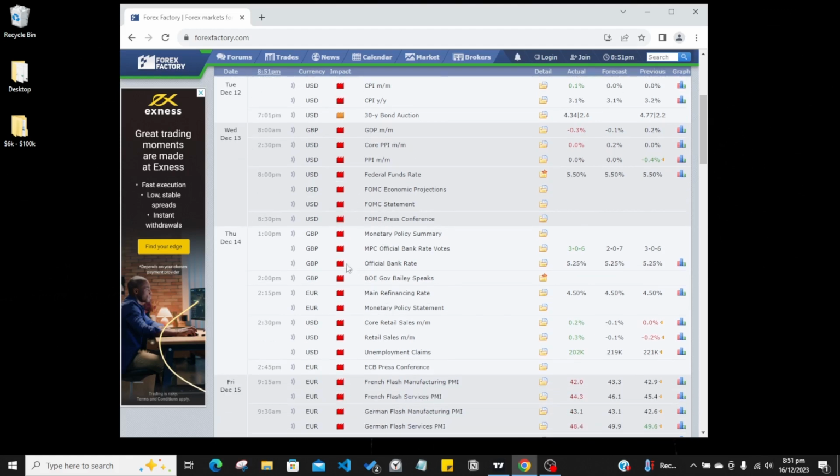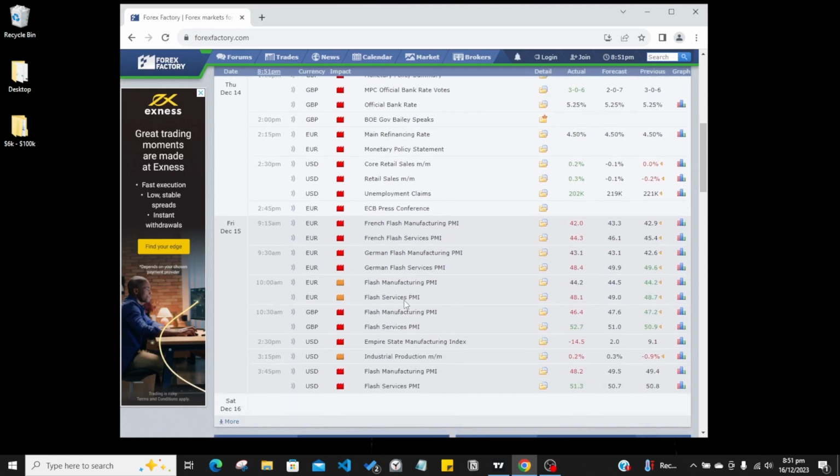And on Thursday we had news on all major pairs, which is GBP, Euro, and USD, which is a very high volatile day. And on Friday, same thing, we have Euro, GBP, and USD as well, which was a very high volatile week with a bunch of red folder news, which is not a neat trading environment to involve ourselves in.